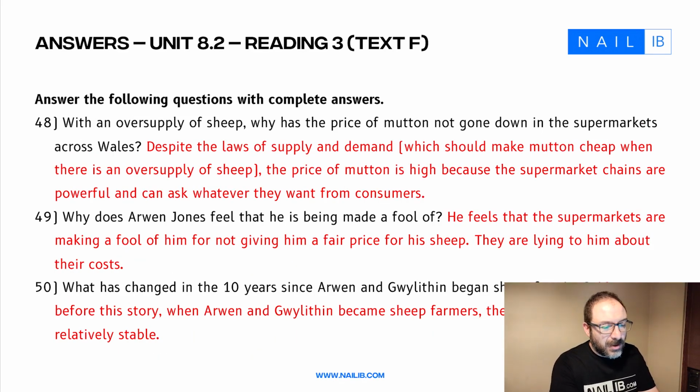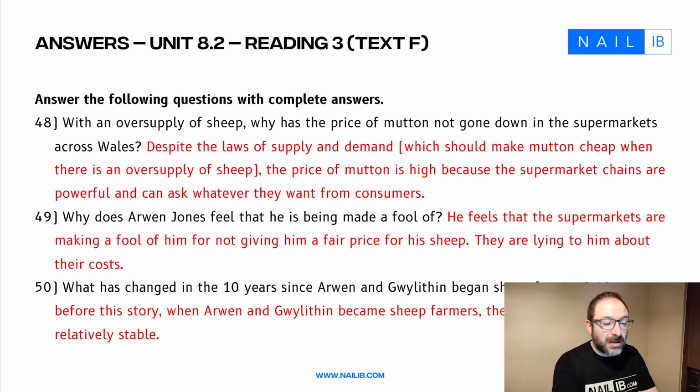48. With an oversupply of sheep, why has the price of mutton not gone down in the supermarkets? Based on your economics subject, supply and demand, when you have more supply, the prices should go down.